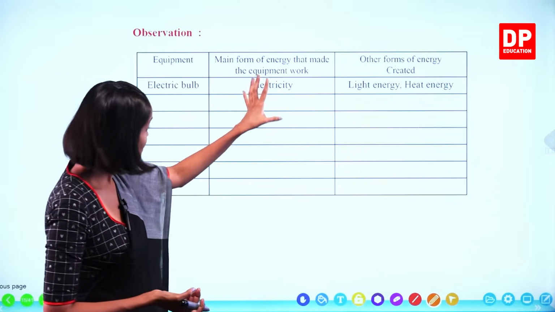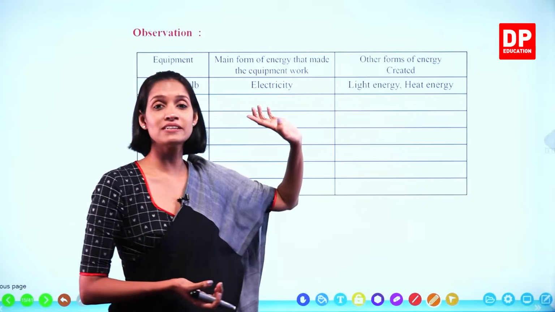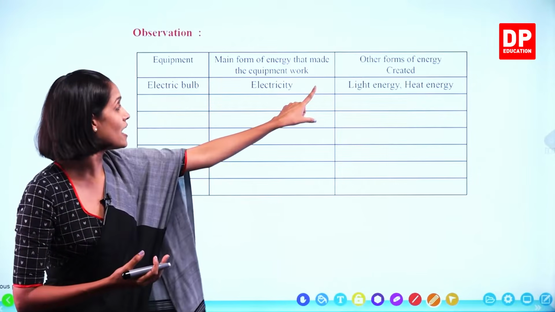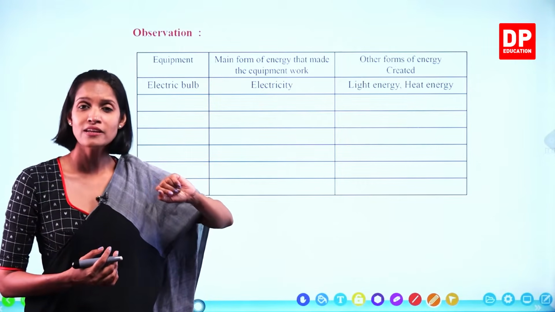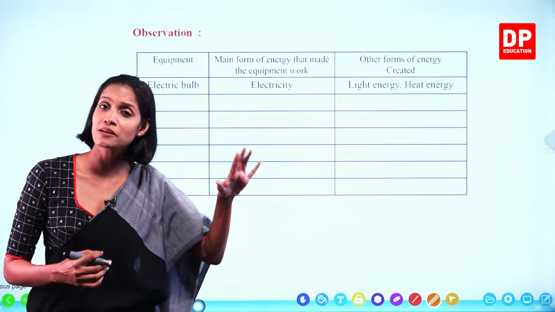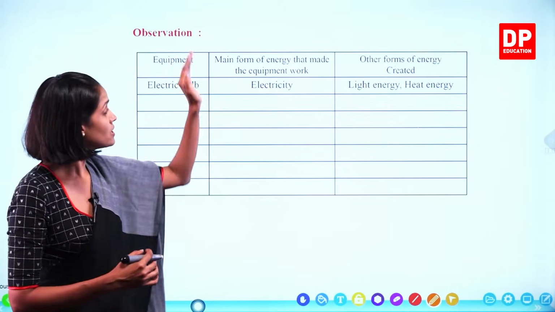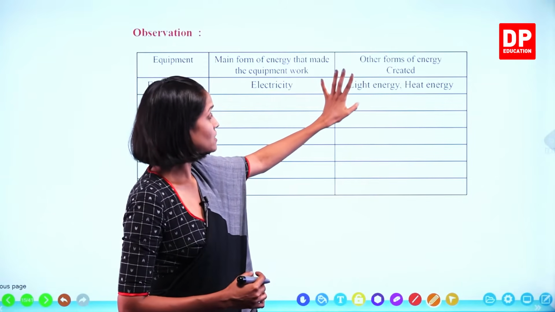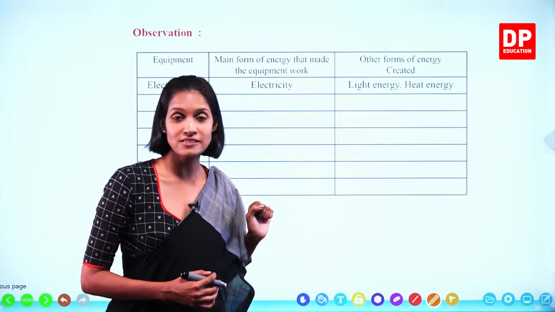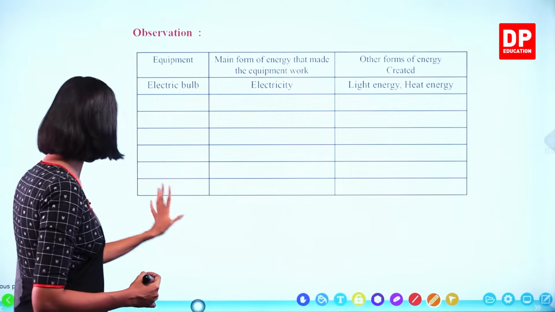While working, what is the main form of energy created when we light a bulb? Light energy. Right? After a little while, if we touch the bulb, you will realize that the bulb is heated up. Therefore, other than light energy, it produces heat energy as well. Right, children?